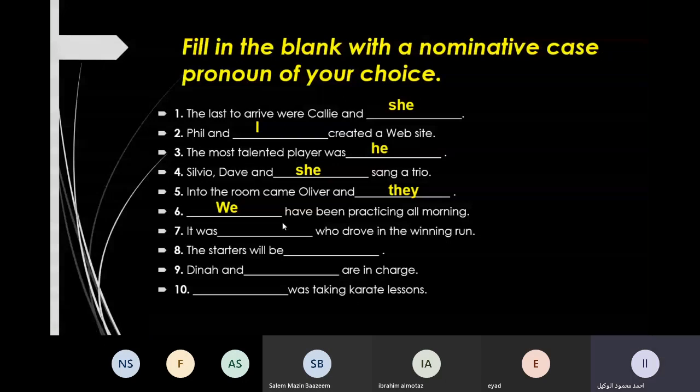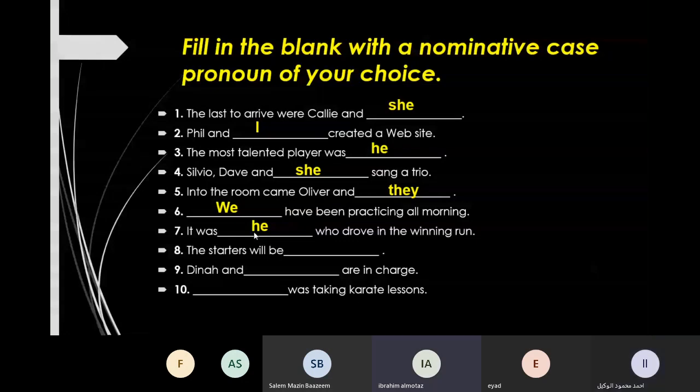Okay, Salim, number seven. It was he who drove in the winning run. It was she. It was I who drove in the winning run. Number eight, Ibrahim.